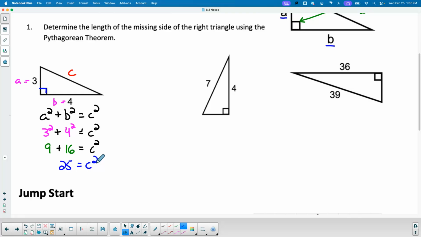Square root. Is that what you were going to say, Lily? Square root? Yep, so we're going to take the square root of both sides. The square root of 25 is 5, and the square root of c squared is c, so our missing side length there is 5.